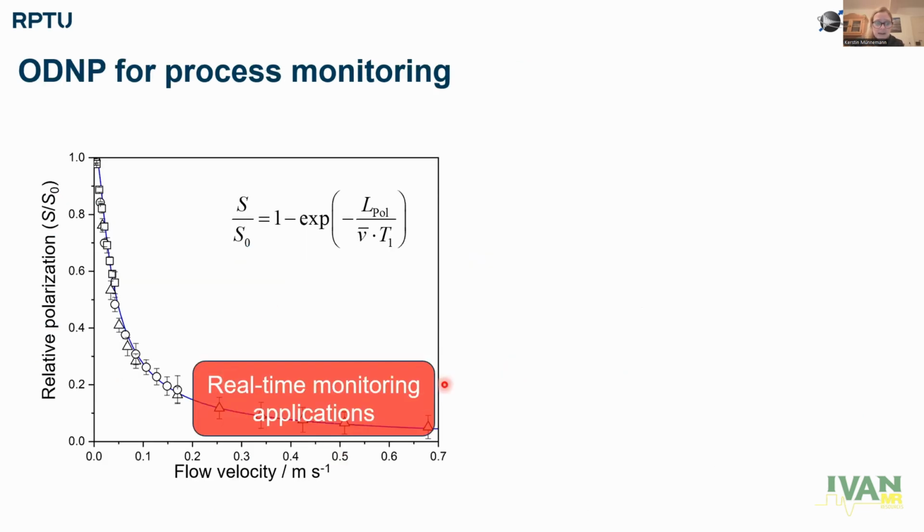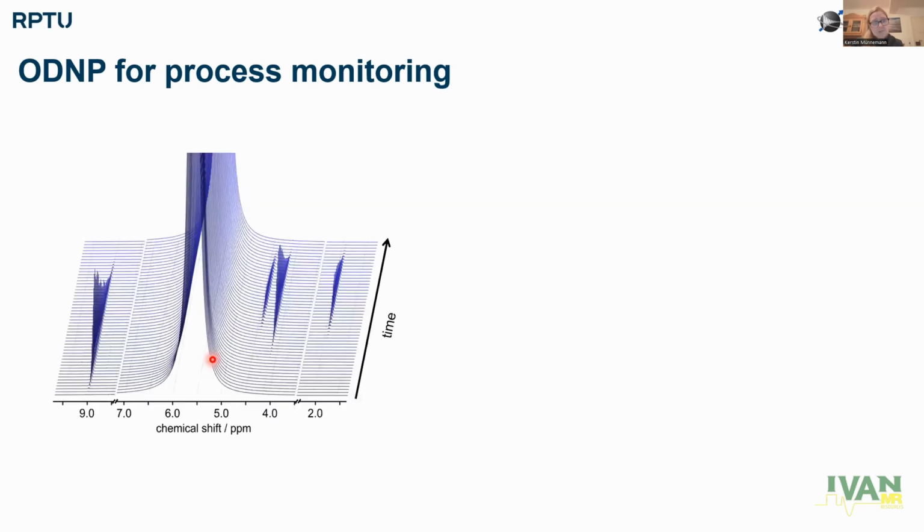So what I have shown you so far is that maybe we can overcome the problem of measuring NMR at high flow velocities. But if we want to do reaction or process monitoring, we really need to quantify our signals. And as we have heard before, hyperpolarization is always very, very great.